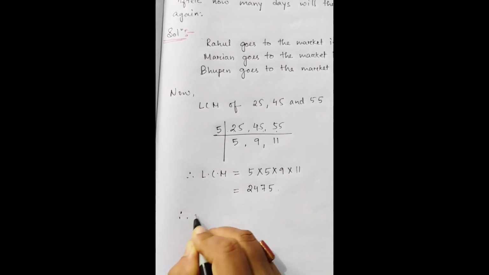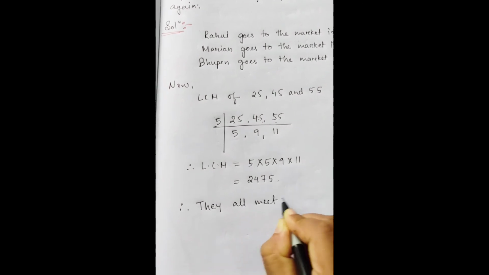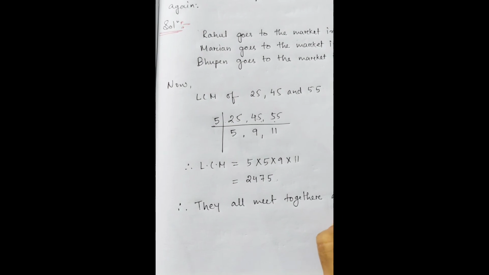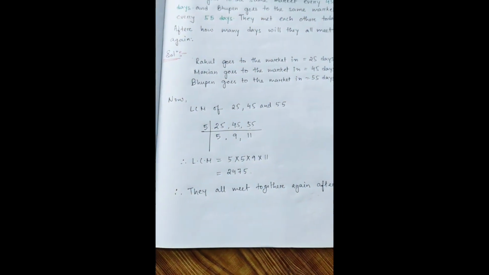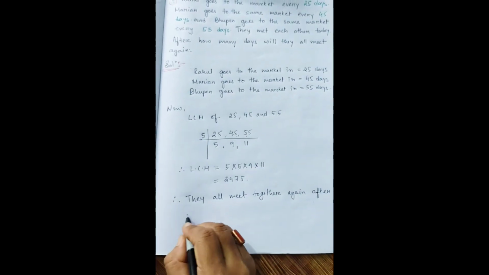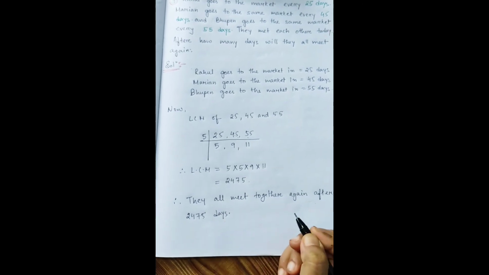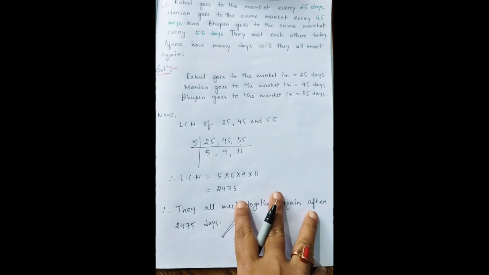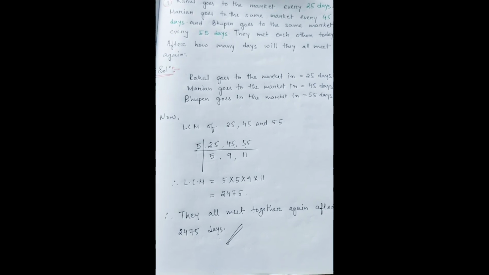So therefore they all meet together again after 2475 days. So like this, in this type of situation you will have to do LCM, and when you will have to find the greatest number or the highest number, then you will have to do HCF.